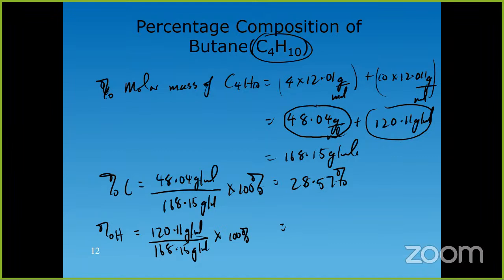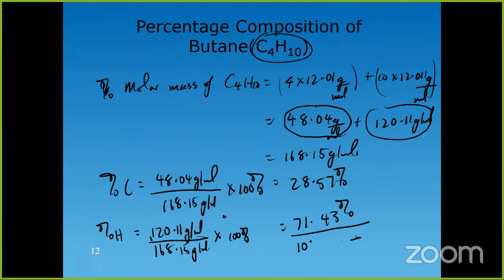According to my calculation, this works out to be equal to 71.43%. And of course, I'm quite sure you know this, when you add these two together, you should get 100%, which is the case. 28.57 plus 71.43.